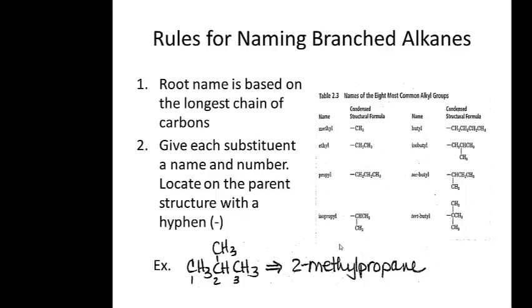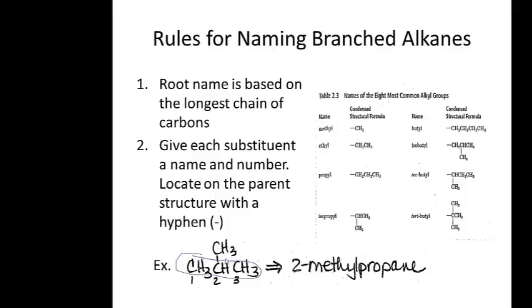In the case of branched alkanes, we begin by finding the longest chain that is unbranched, and in this case that would be a chain of 3. So we're going to call this a propane. And then we're going to look for substituents and number them so we can identify what substituent is on which carbon of the molecule.